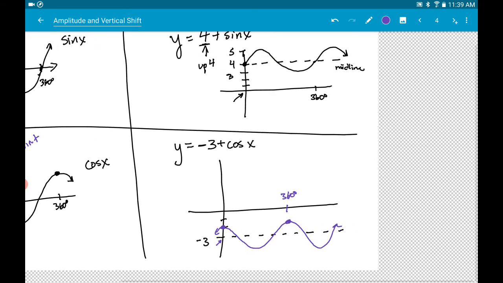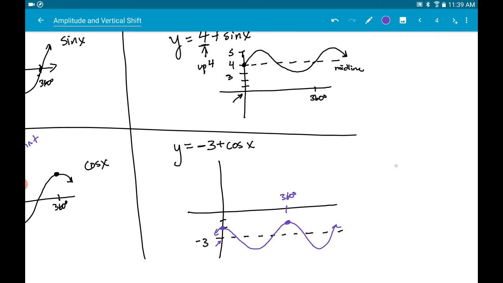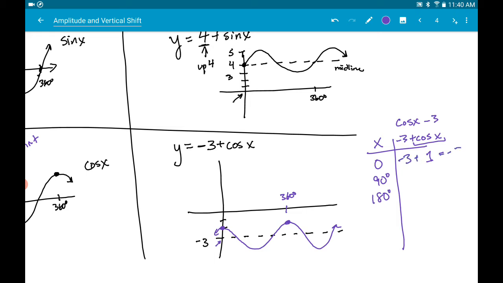Now, if you're not seeing the pattern, hopefully you can see it after a few more examples. But again, if you did your traditional T-chart, I wrote that incorrectly, -3 plus cosine x. And you could also think of it as cosine x minus 3. And then you use your values that are integers on the unit circle. Well, cosine of 0 is 1. And then if you subtract 3 from that, you get -2.